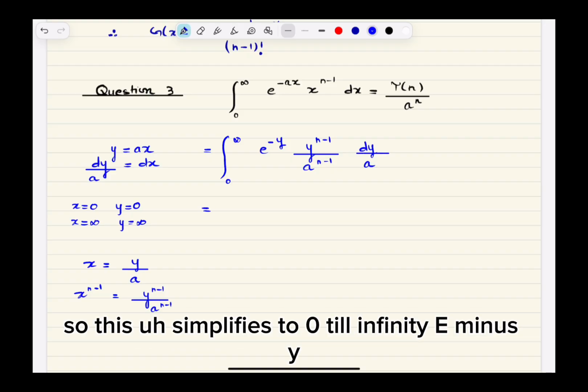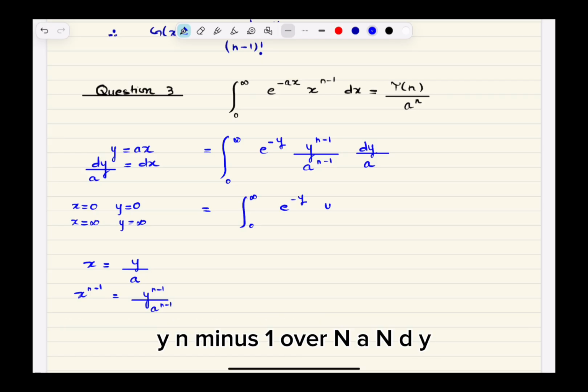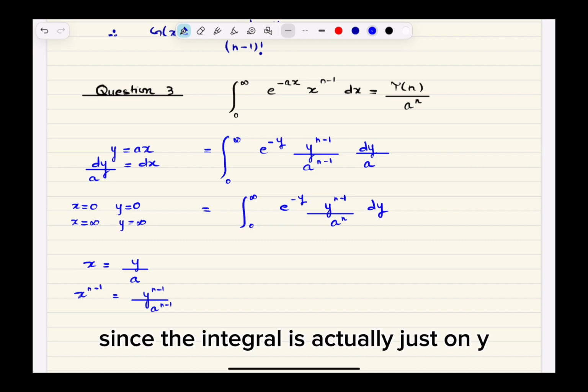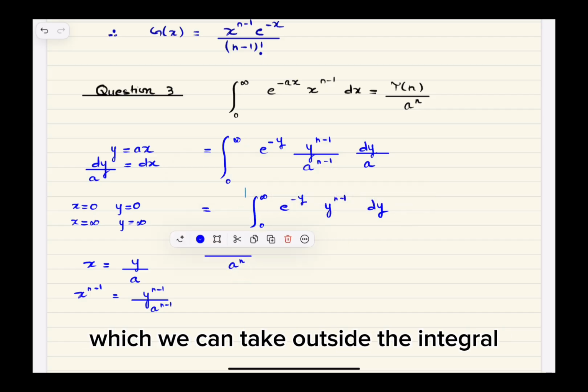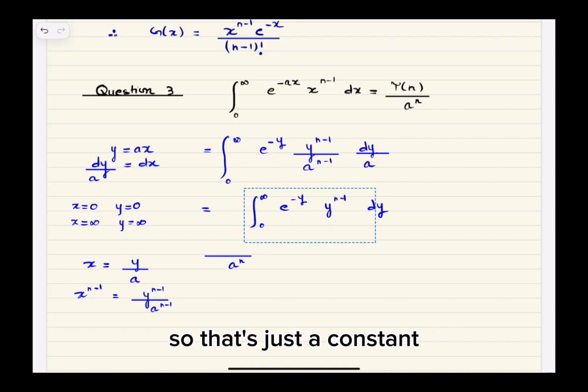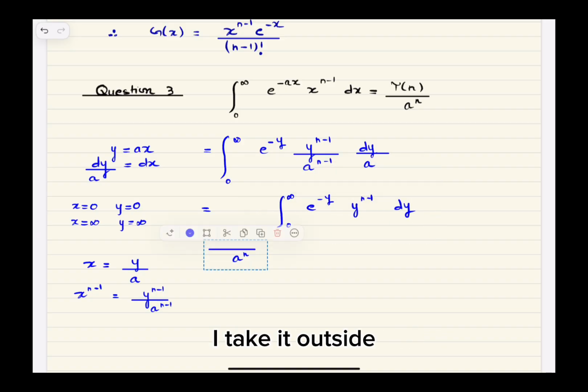So this simplifies to the integral from 0 to infinity of e^(-y) y^(n-1) over a^n dy. Since the integral is just on y, a to the power n is just a constant which we can take outside the integral.